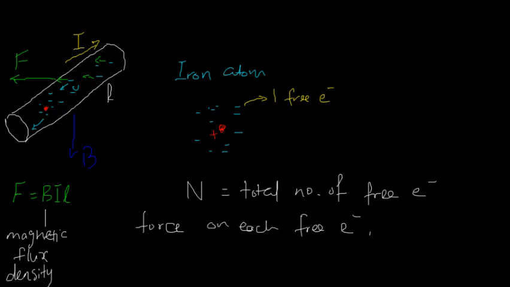If I let this be F, that would be the total force on all the moving electrons, which is given by this formula, divided by the total number of free electrons. So this is the idea, and this is what I shall try to calculate over the next video or so.